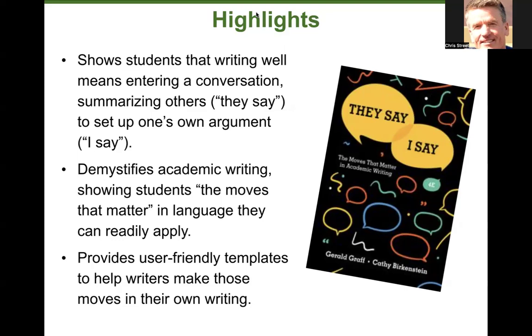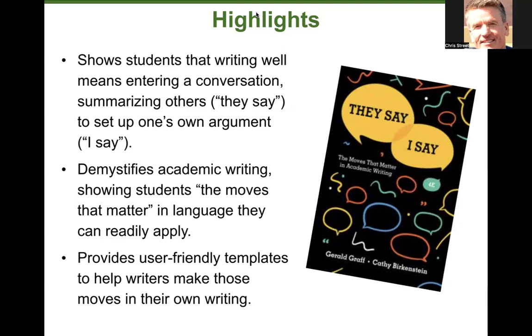So first, before they enter this conversation in writing, they need to understand what others are saying, the they say part. So it helps them summarize, paraphrase, quote directly, all the ways in which we need to summarize what others are saying, what they say, before we're ready to set up our own argument, which is the I say part of the title.